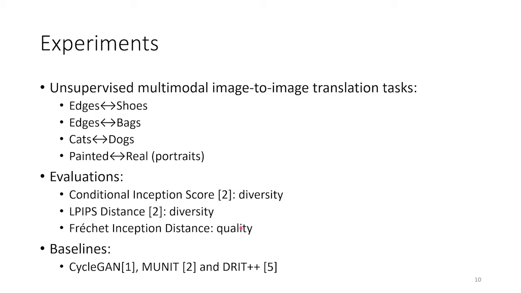And then for the quality of the images, we apply FID. And using those evaluations, we apply the same experiments on multiple baselines, which are the state of the art in the field: GAN, MUNIT, and RITS plus.